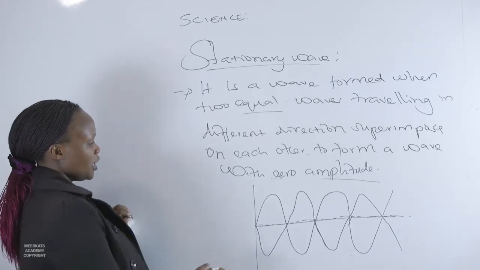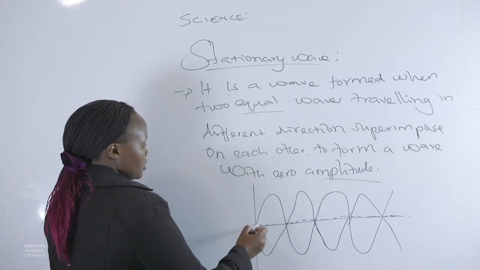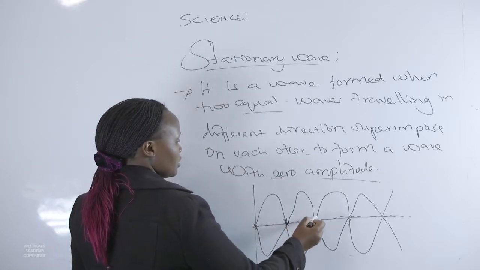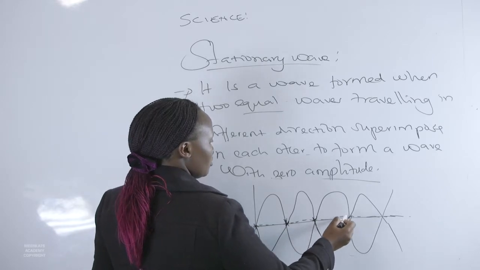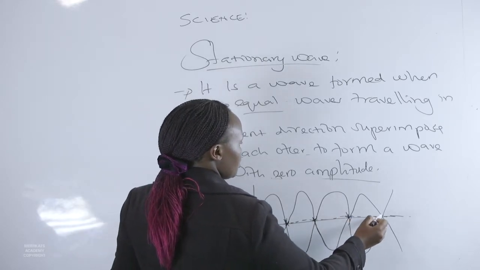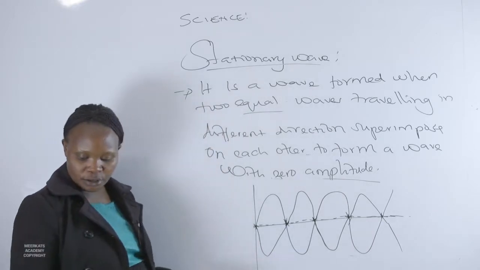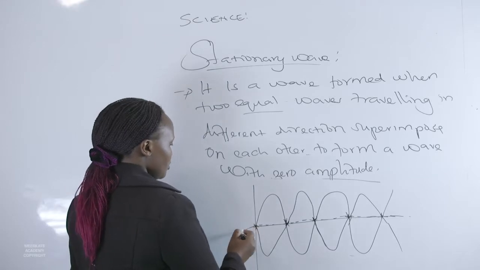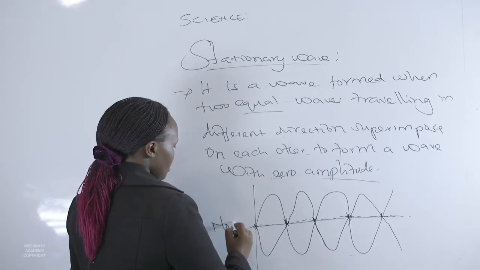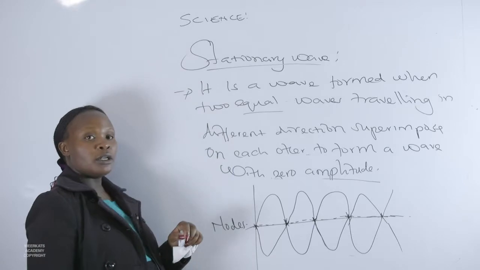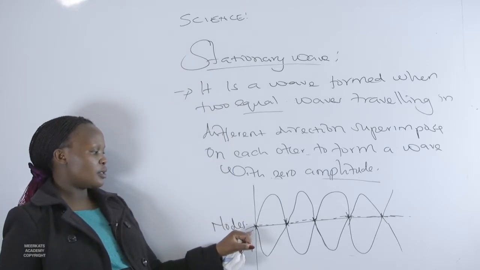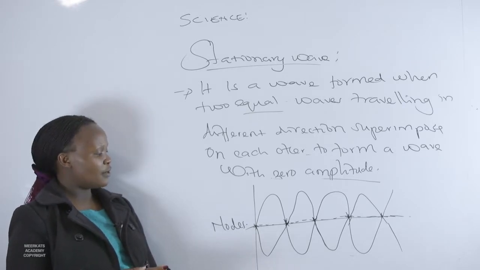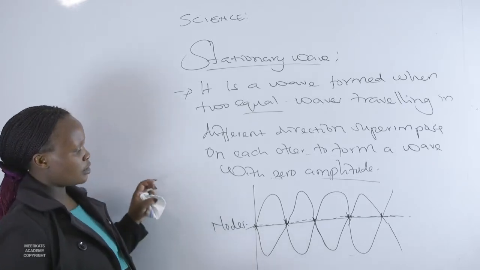Clearly, we have some points where the wave has 0 amplitude. These are regions that we call the nodes. The particles at the nodes have 0 displacement.